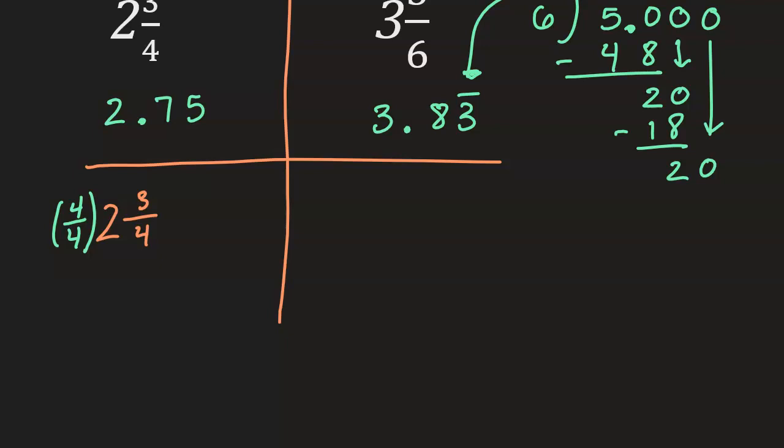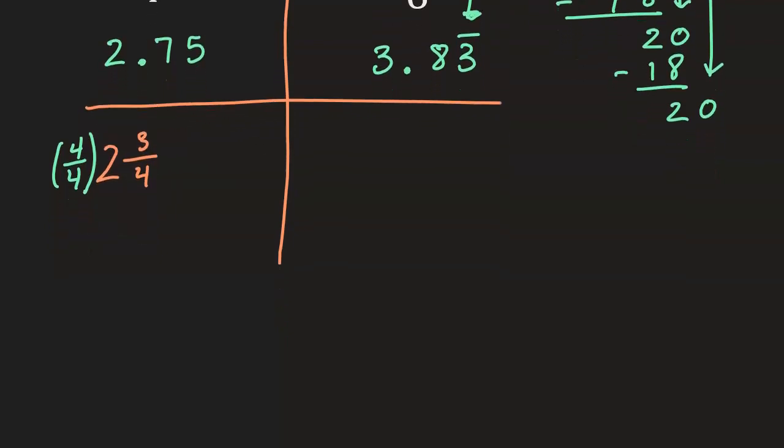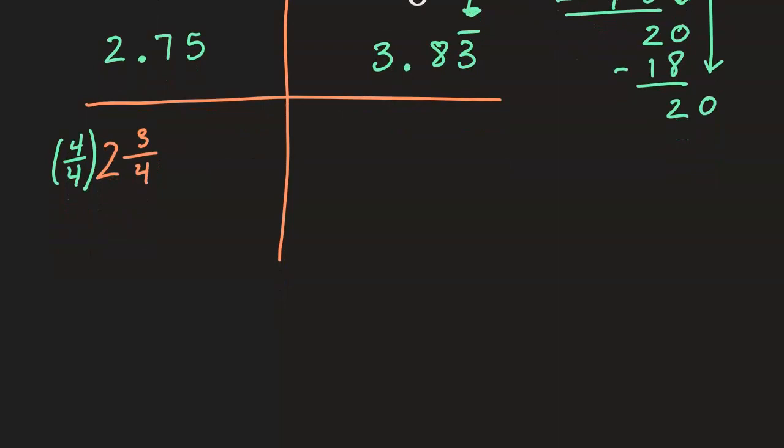Now when we multiply a fraction times a whole number, you multiply the numerator times the whole number. 4 times 2 is 8. So here we have 8/4 plus 3/4. 8 plus 3 is 11 over 4. So that's our improper fraction answer.